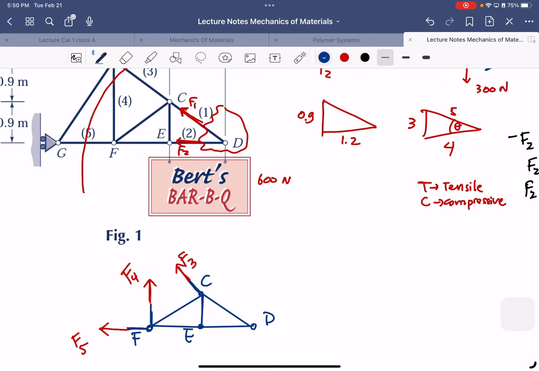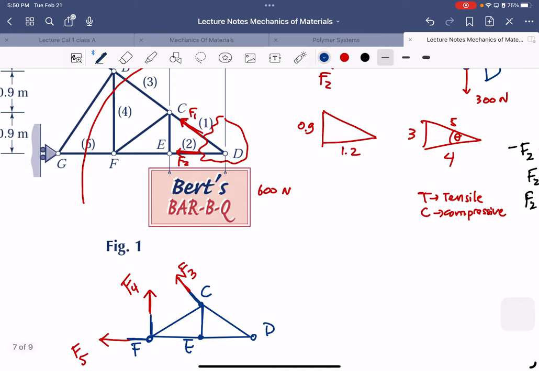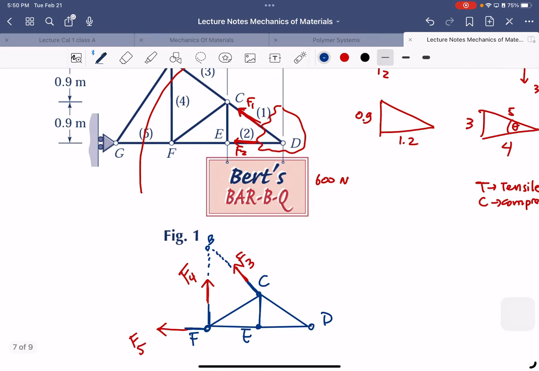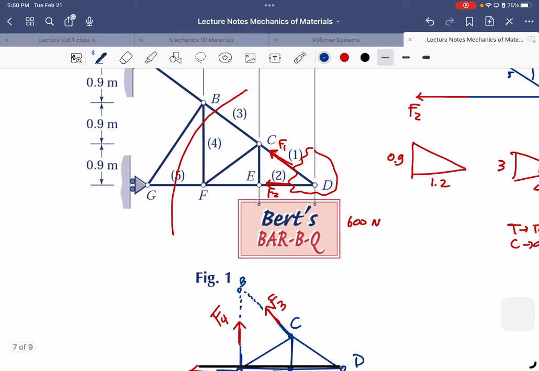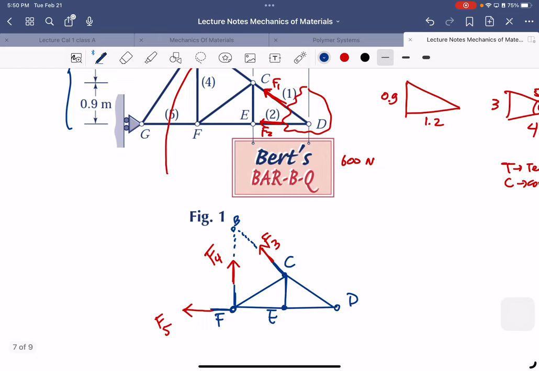Okay, let's say this is B here, up until B over there, and then imagine that you have this 0.9 length here and 0.9. So this is 0.9, and another part here is 0.9.